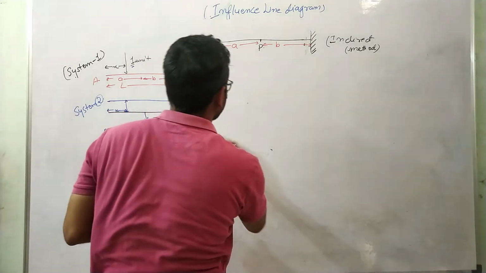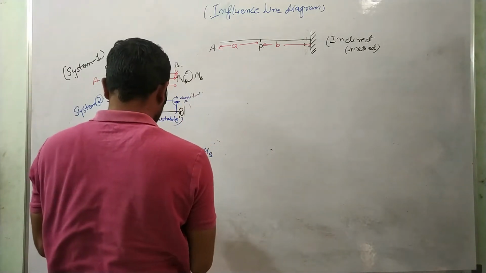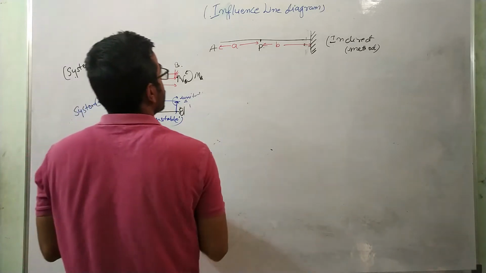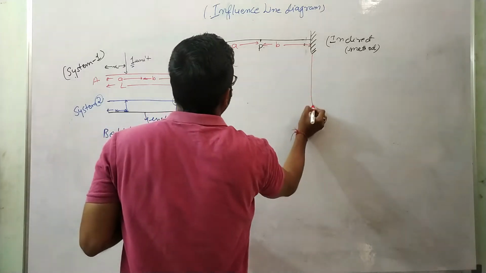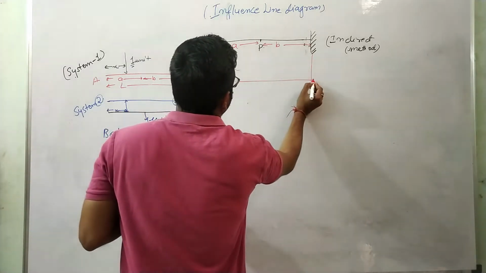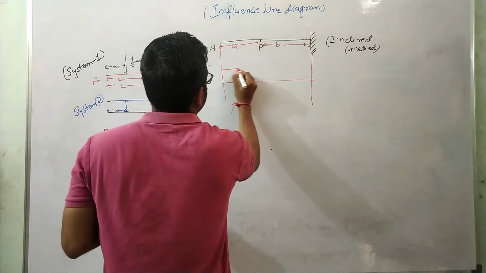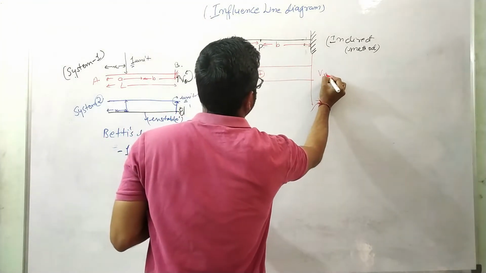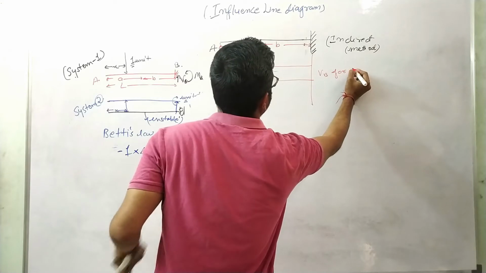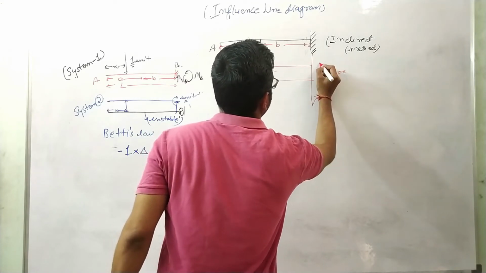So if you draw the ILD for VB, it will be nothing but this value, and it will be positive. So this is the ILD for VB.